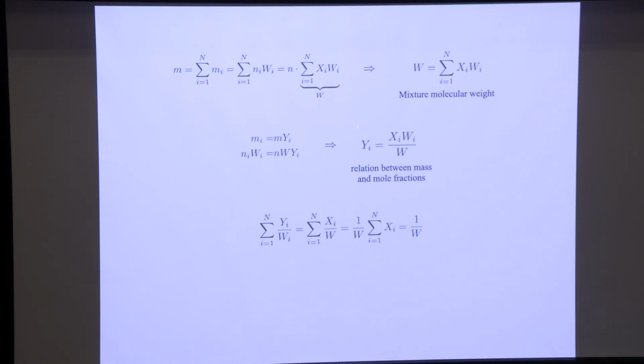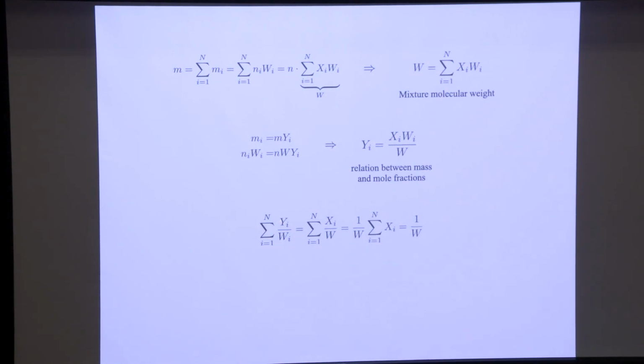Okay, so the mass fraction Yi is the mole fraction times the molecular weight of the species I divided by the molecular weight of the mixture W, which brings an interesting relation: when you sum the mole fractions multiplied by the molecular weights, you get the total mixture molecular weight.